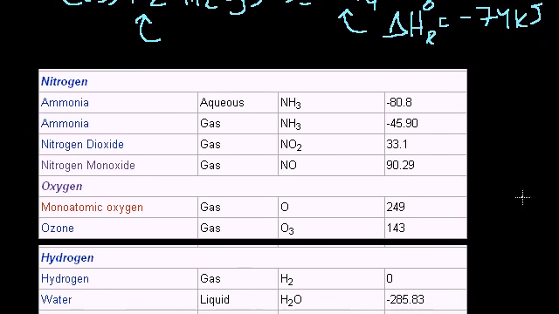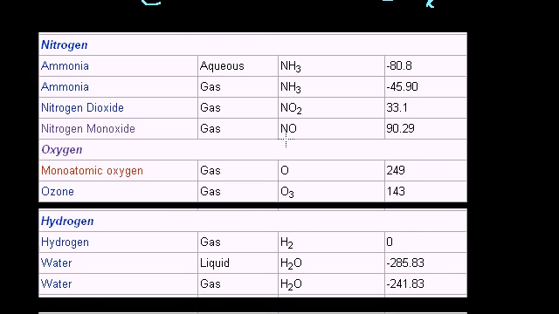Now there's a couple of interesting things here, and we'll keep using this table over the next few videos. You see here, monoatomic oxygen has a positive standard heat of formation, which means it takes energy to form it, right?